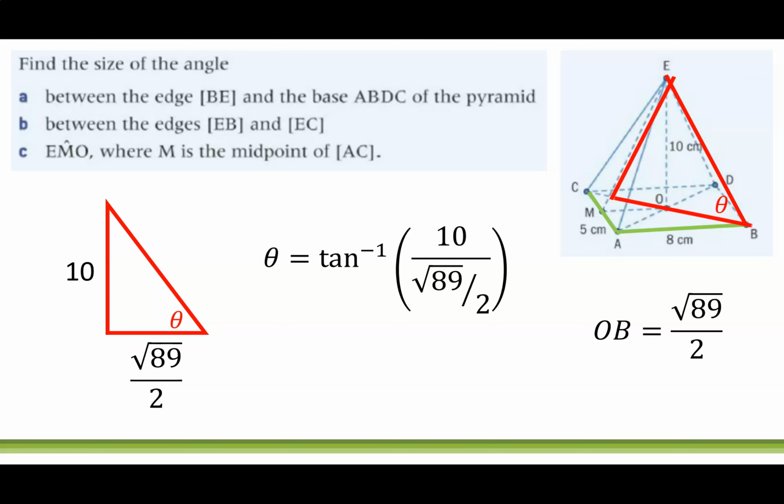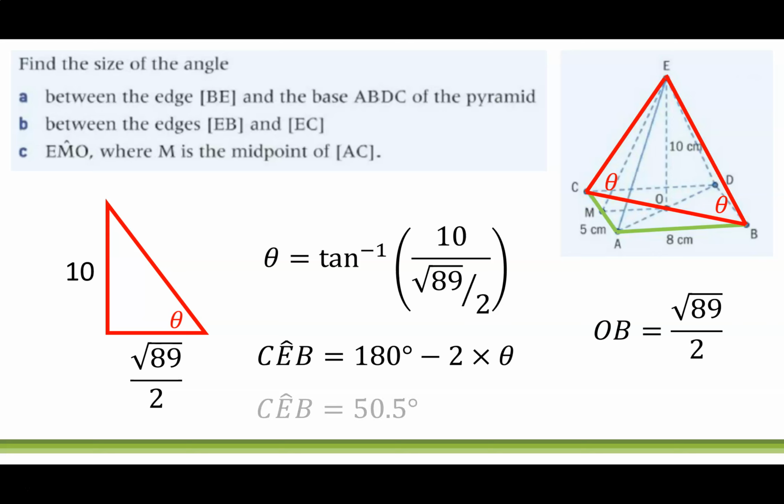From SOHCAHTOA. Now the next question they asked was, can you find the angle between the edges EB here and EC here? Well, you'll notice I put two hash marks in here that are the same because I can tell that this is going to be an isosceles triangle. So what do we do with that?